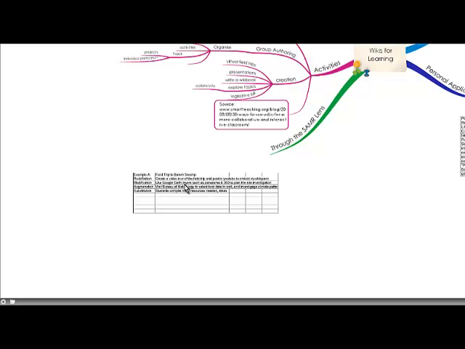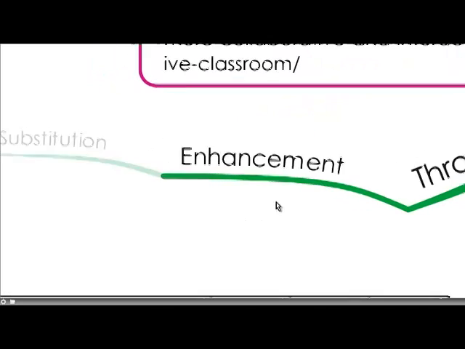Modification, you could use Google Earth layers to get a really good geographical overview of the area. And redefinition, create a video of the field trip and post it to YouTube to embed in the Wikispace that you created. So it's like a compendium of everything involved with that field trip, and it just enhances.